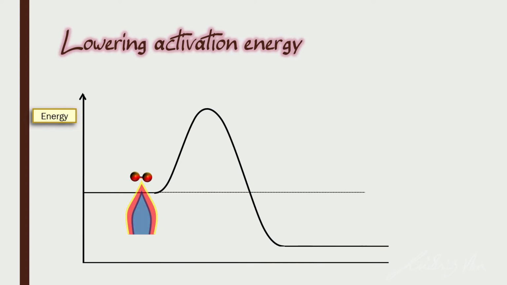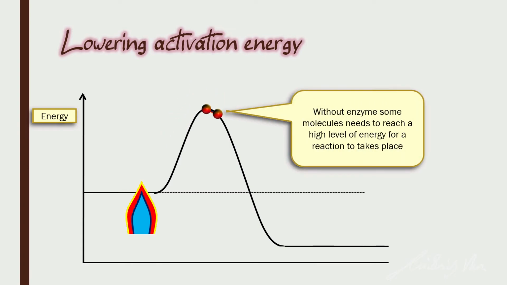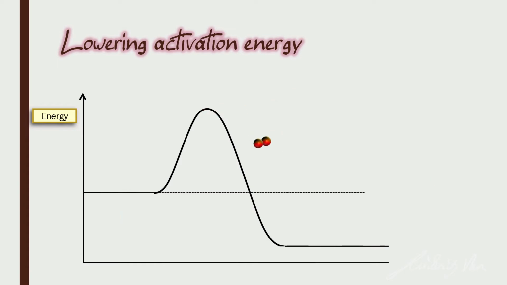For a chemical reaction to take place, it requires a certain amount of energy to be reached. Without enzyme, some molecules need to reach a high level of energy for the reaction to take place. So now let us take a look at the case when there is enzyme.